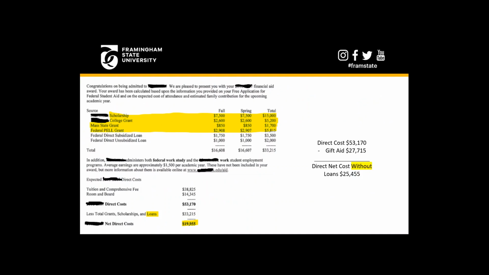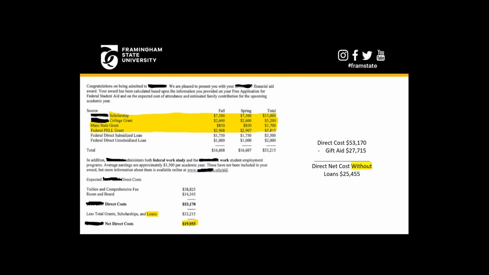$25,455. So even though this school offered quite a bit more financial aid, because their direct costs are so much higher, it would be significantly more expensive to attend this institution. And then also you'll notice at the bottom here, the net direct cost figure, they only include their figure with the loan offer as well.